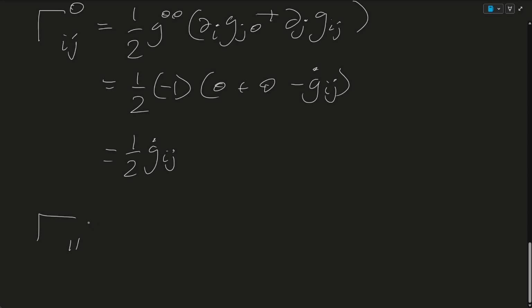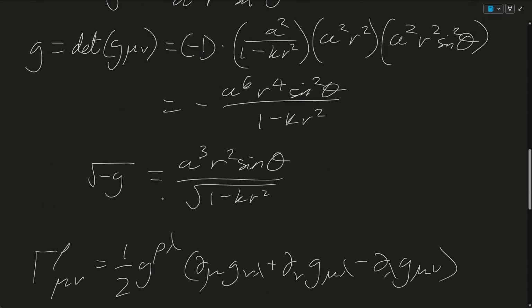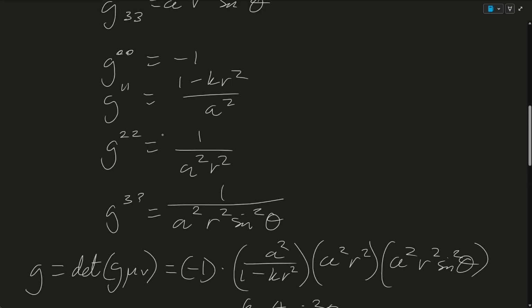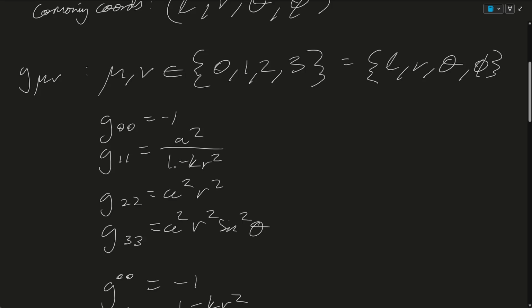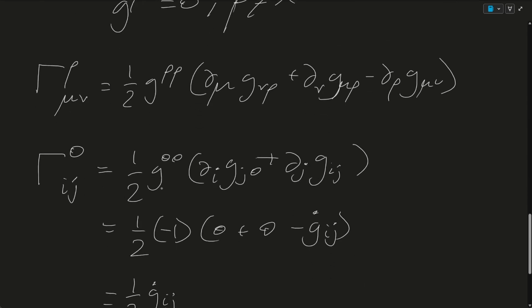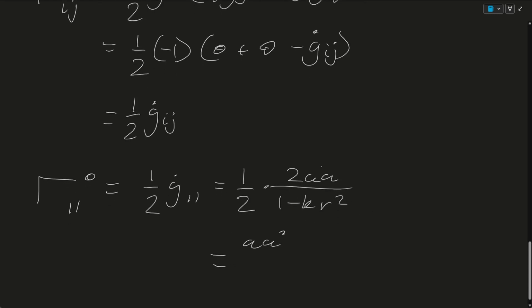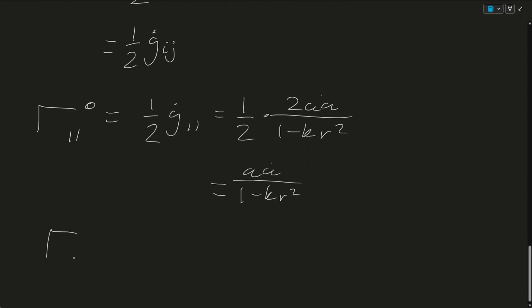So for 1, 1, it's half g dot 1 1, which is half times 2a a dot, chain rule, and that's just a dot over 1 minus k r squared. And gamma 0 0 is equal to 0.